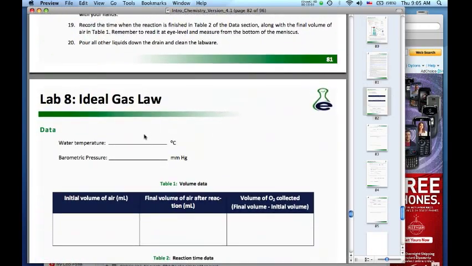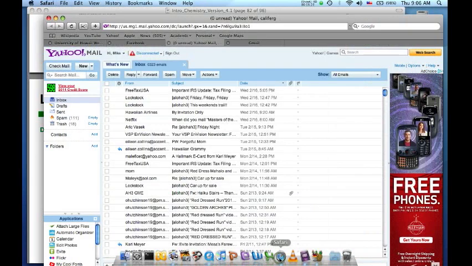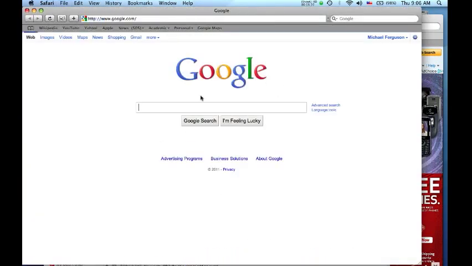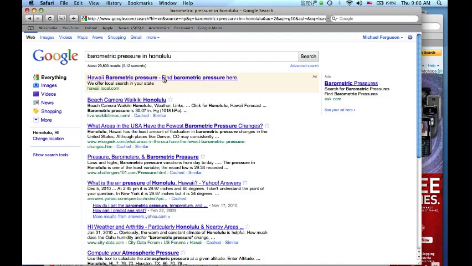So we have the water temperature and the barometric pressure. Just look it up on the internet. Find the barometric pressure of wherever you're at, and it's typically close to an atmosphere, and sometimes it's in inches of mercury. Let's look at barometric pressure.